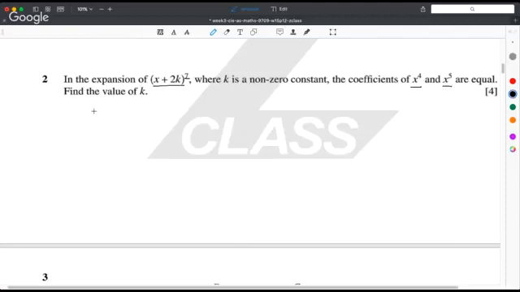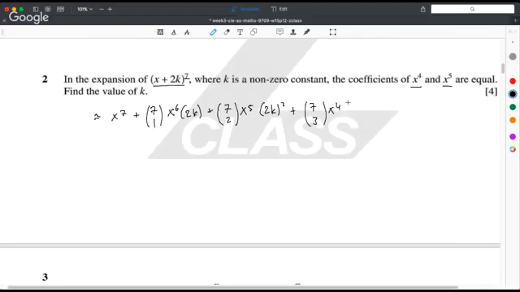So the function is going to look something like, x to the 7th plus 7 choose 1, x to the 6th times 2k, plus 7 choose 2, x to the 5th, 2k squared, that's one of the terms we want, plus 7 choose 3, x to the 4th times 2k cubed, plus, and then so on for some more terms.